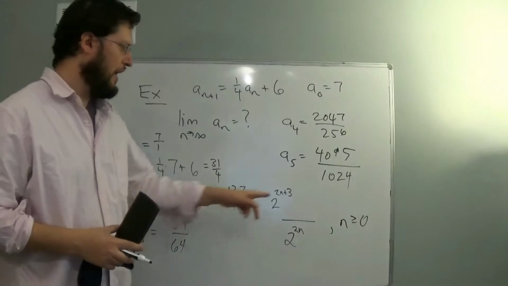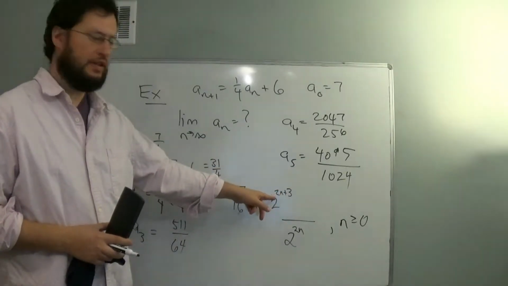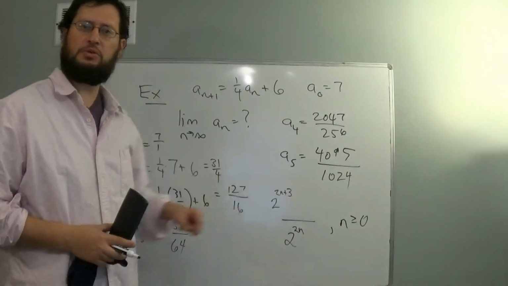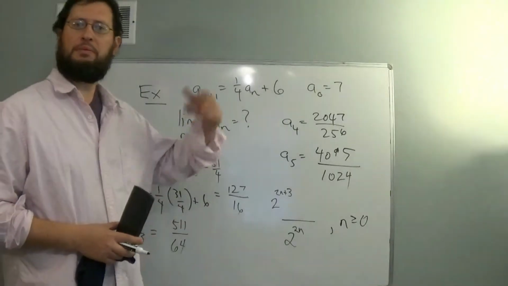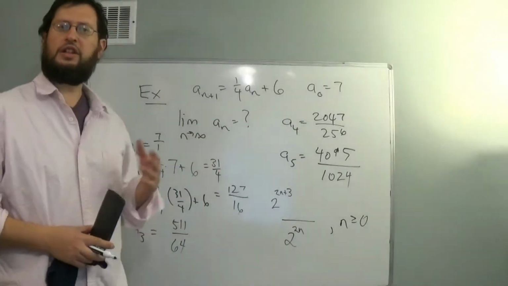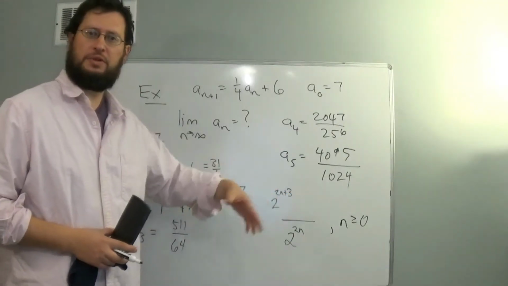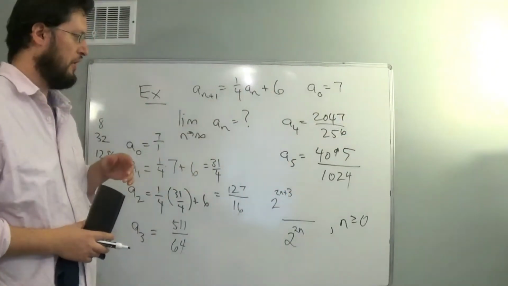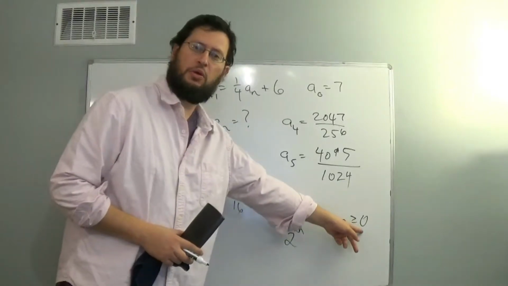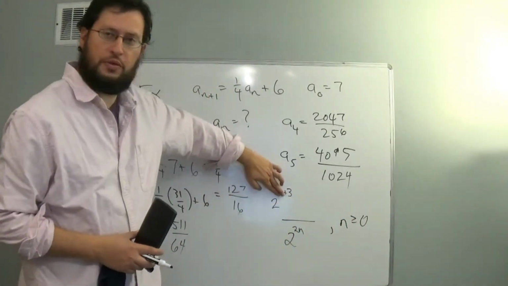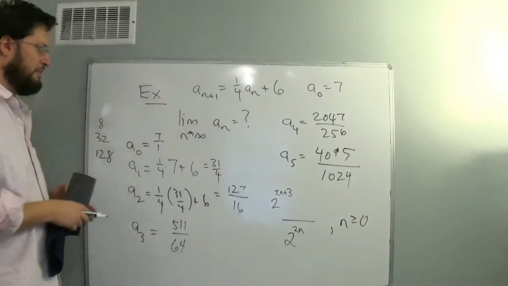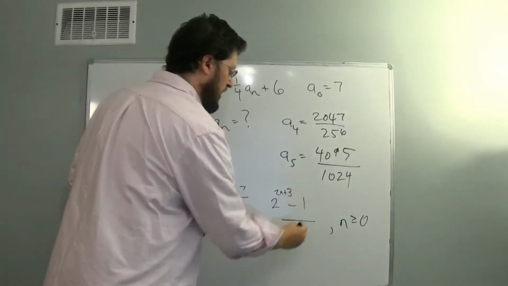Now that's always going to be odd because 2n is always going to be even. So this is always even plus 3, which will be an odd number, and will always get me to the next odd number. It's just like 2n plus 1, but the fact that I have a 3 in here just means that I'm jumping to the next odd one to start. Notice when I plug n equals 0 in, then that becomes 2 to the 3, which is the 8 that I need it to be, but then I'm subtracting 1.